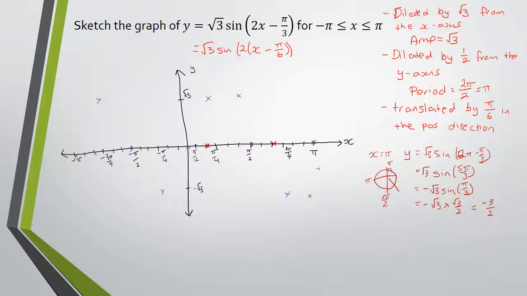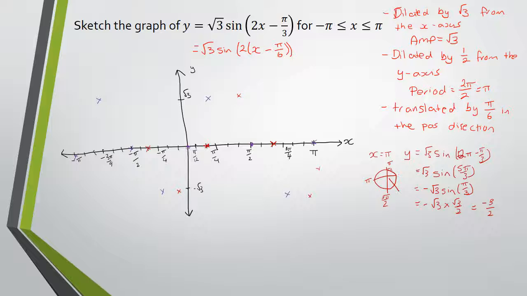And our exact angle values tell us that sine of pi on 3 is equal to root 3 on 2. So by simplifying, square root of 3 times square root of 3 gives me negative 3 over 2, or negative 1.5. So when this is pi, I'll get a value of negative 1.5 just there.